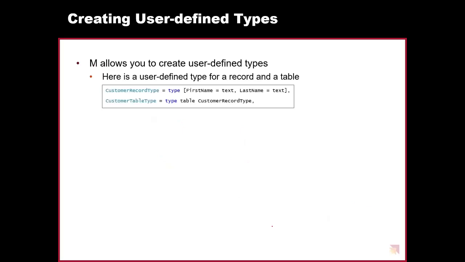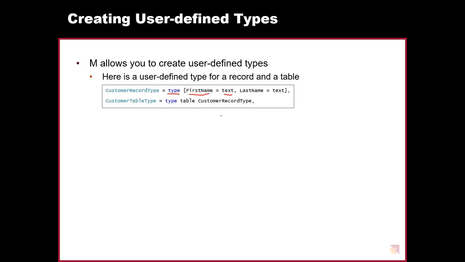Now, here's where M code gets to be pretty neat. So what you can do is you can define a record type. So what we're doing here is we're using the type keyword. And I'm going to say, instead of creating a record instance, I want to create a record type that I can use. And so I say first name, and then I specify one of those types.